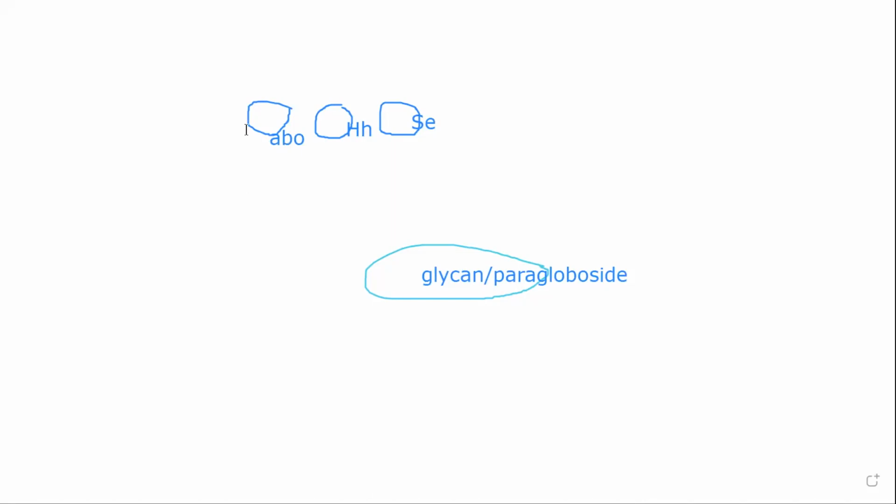So if the individual inherited this ABO gene, this ABO gene will encode for the production of a particular glycosyl transferase, and this glycosyl transferase, class, will now add a particular sugar.